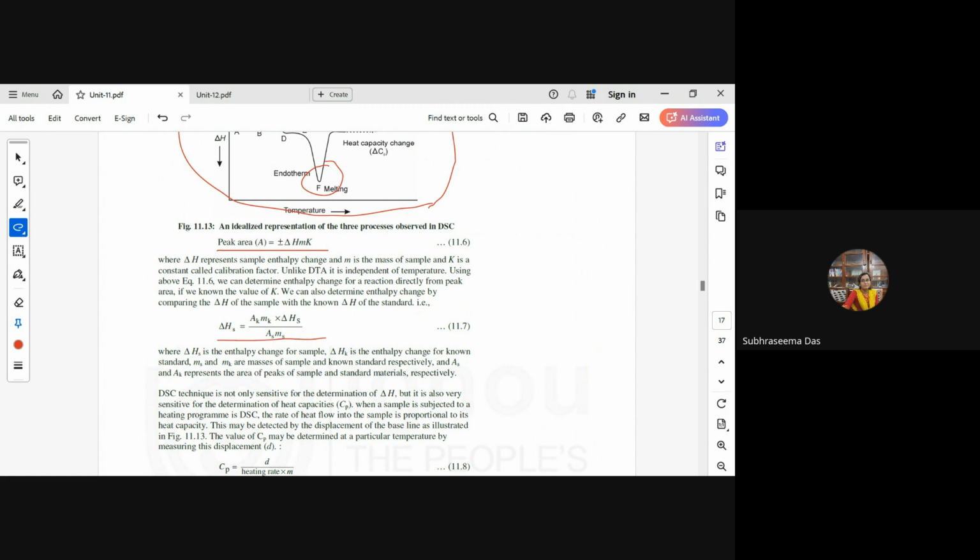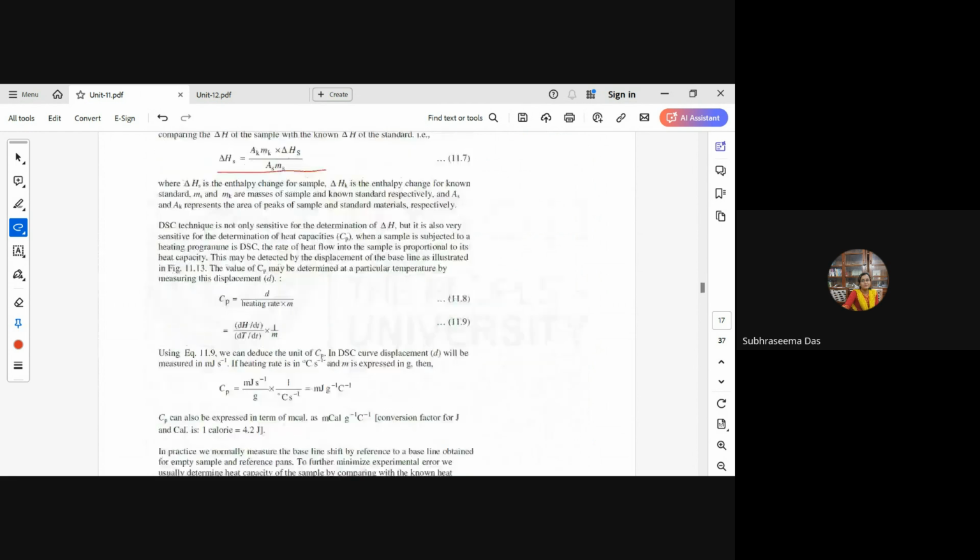Ms and Mk are the masses of the sample and the known standard, and A represents the peak area of the sample, whereas Ak is the peak area of the standard material. Substituting the exact values in equation 11.7, we can find the delta H of our sample.